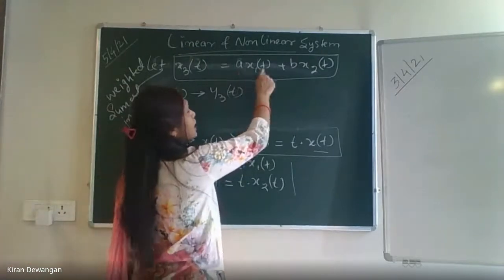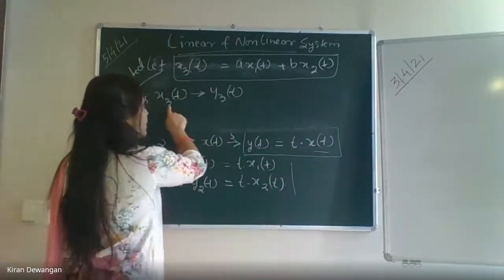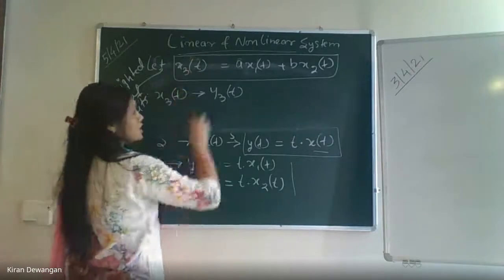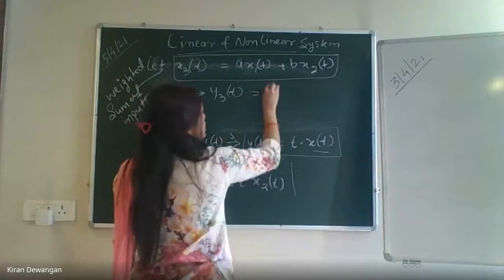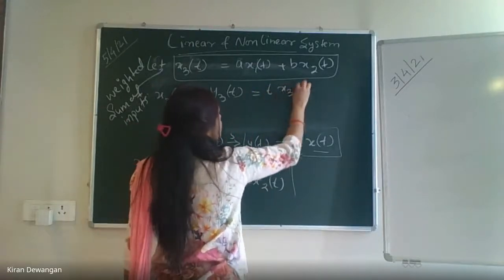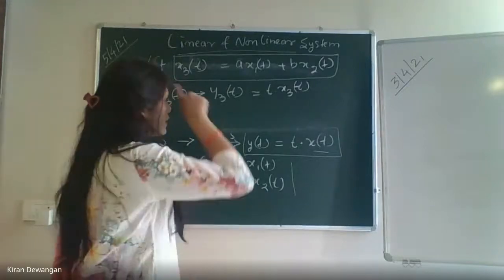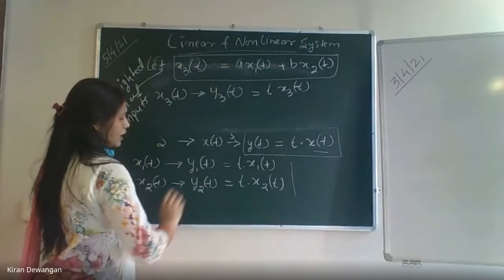This becomes a x1(t) plus b x2(t). Clear? Now when I am applying x3(t) as an input, the output should be y3(t). And what is the output? It is t times x3(t).